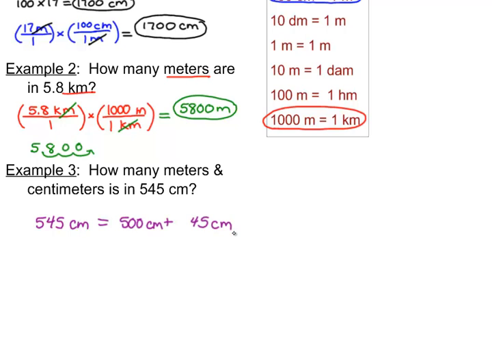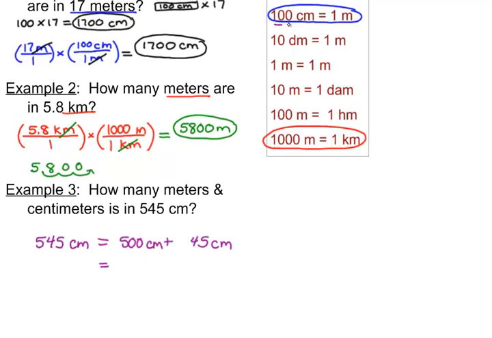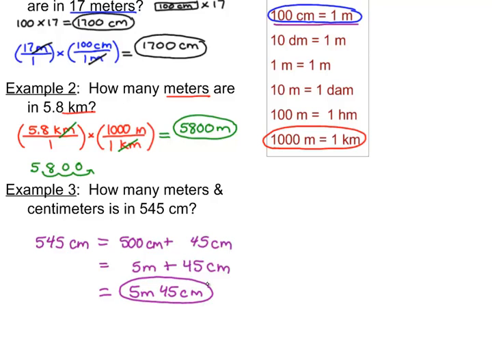Keep your labels. The reason I broke it apart into 500 is because I know that there are 100 centimeters in 1 meter. So if I have 500 centimeters, that means I have 5 meters. And so I have 5 meters, 45 centimeters. This is a lot like breaking apart numbers that we learned in Math 210.